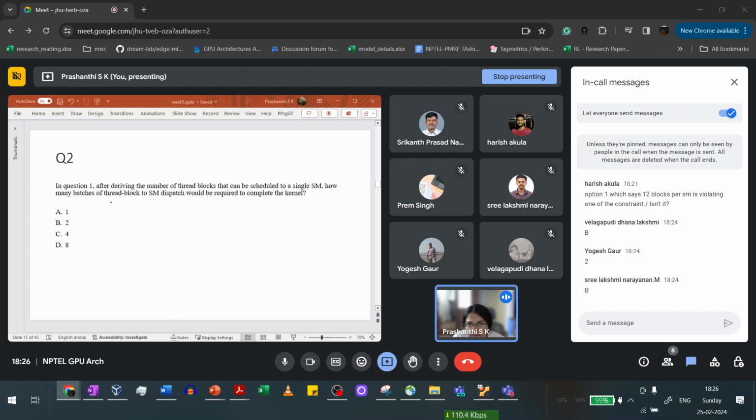In question 1, after deriving the number of thread blocks that can be scheduled to a single SM, how many batches of thread block to SM dispatch would be required to complete the kernel? Here are your options. I can go back to the previous question in case you need those numbers.